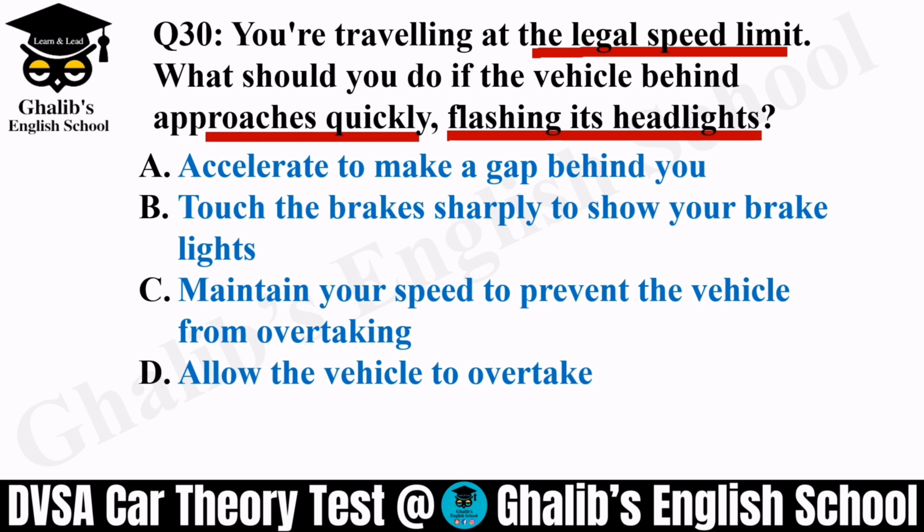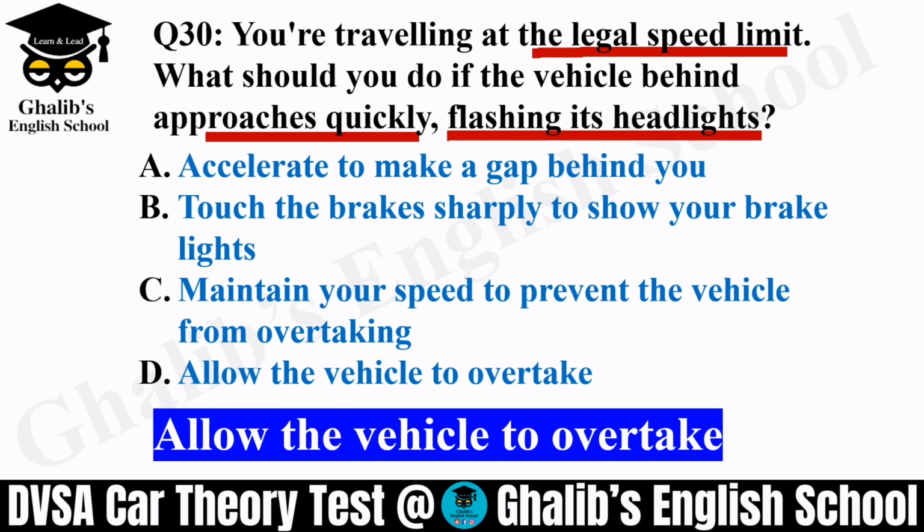It means they are asking you to give them way. So what should you do? Accelerate to make a gap between you, touch the brakes sharply to show your brake lights, maintain your speed to prevent the vehicle from overtaking, or allow the vehicle to overtake. The correct option is you should allow the vehicle to overtake.